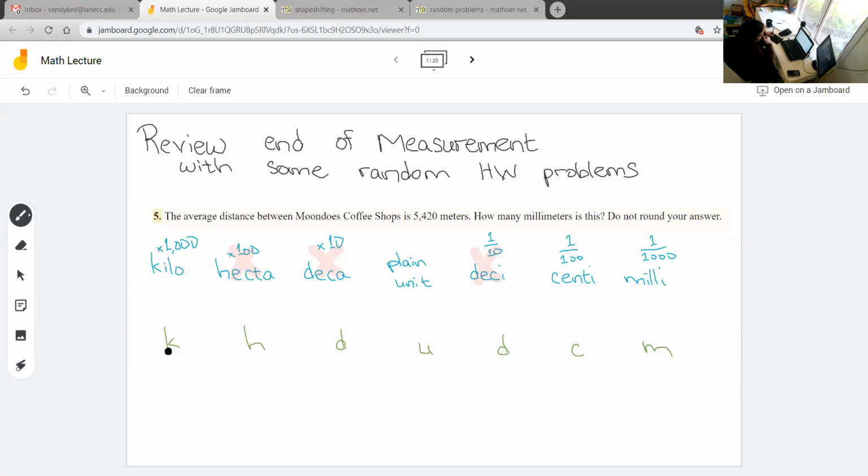So once we have our list, the K H D U D C M, which I would write in green, but think of like in blue, then I look and I say, where are we starting in this one? We're starting in plane meters. So in this case, the plane unit we're using is meters, which would mean centi is centimeters, milli is millimeters, and kilo is kilometers.